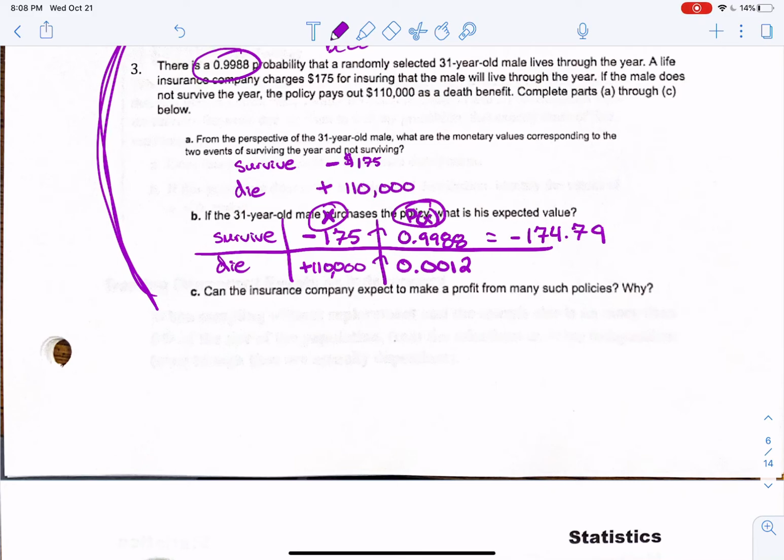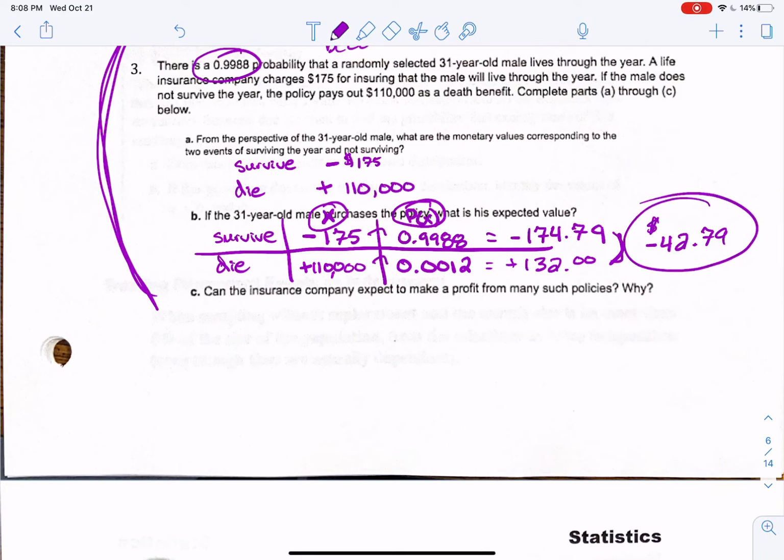All right, and then 110,000 times 0.0012 is positive $132, even. Okay, so if I add those together, minus 174.79 plus 132, the end result is going to be negative 42.79. Okay, now let's think about what that means.